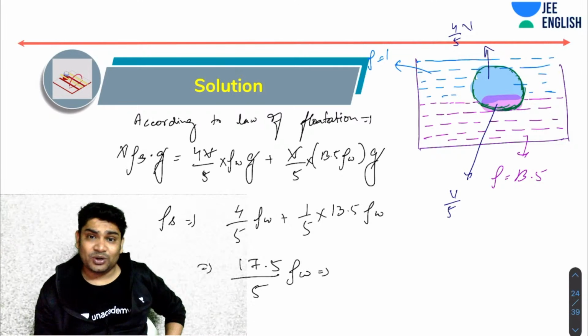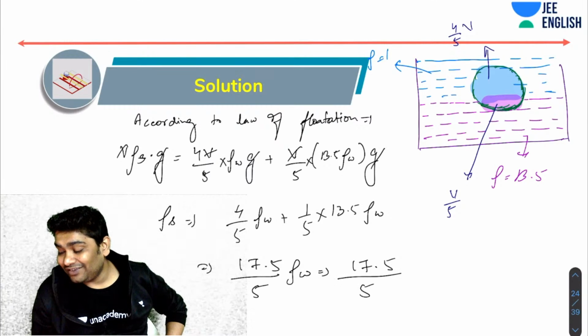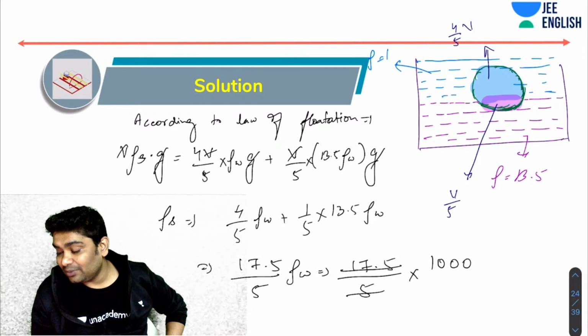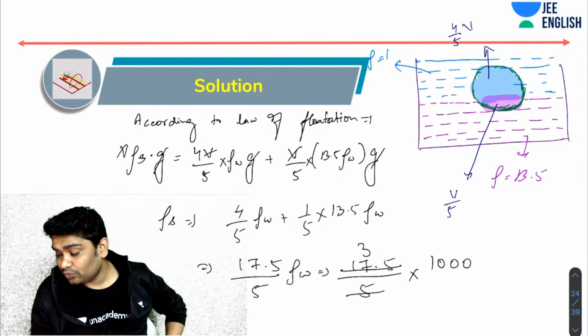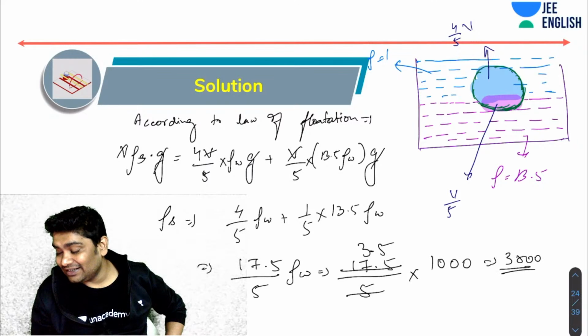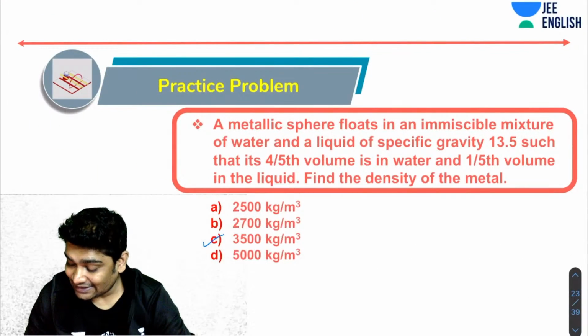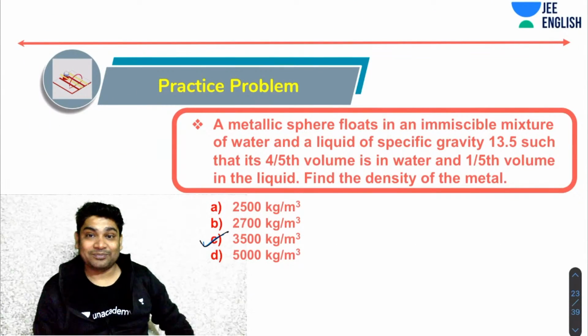Rho of water, you should know, is 1000. So that will be 17.5 by 5 times 1000, which will be 3.5 times 1000. Yes, 3500 is the correct answer. So yes, absolutely right, AP.